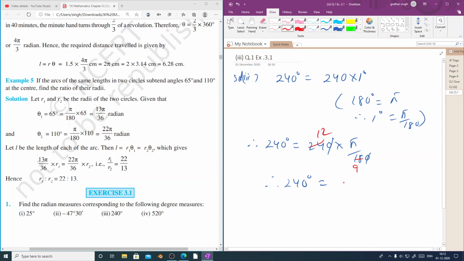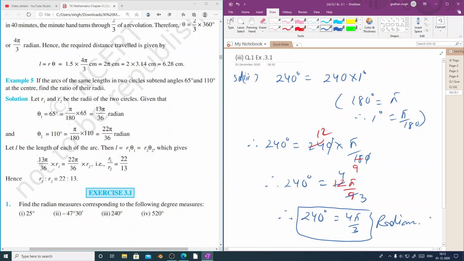So what we are getting is equal to 12 pi by 9, and still we can see that both of them can be divided by 3, so we'll be getting 3 3s are 9, 3 4s are 12. So this will give us therefore 240 degree equal to 4 pi by 3 radians. If you want, you can write radians. So this is the answer of question number 1, third part.